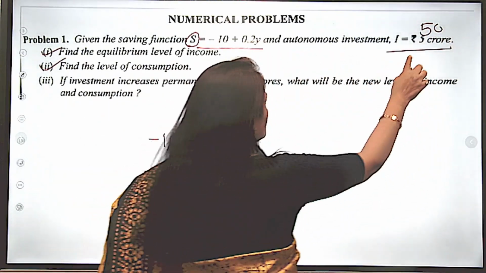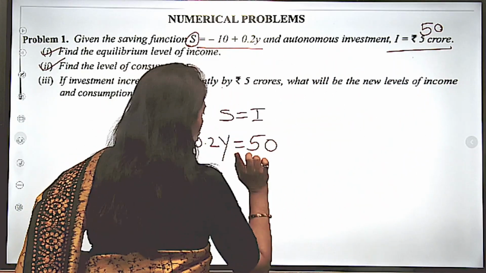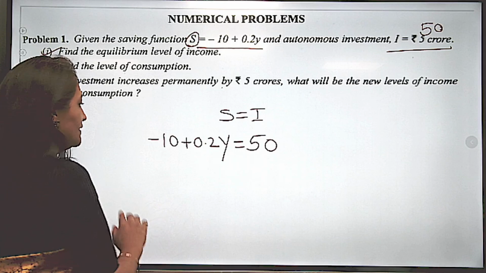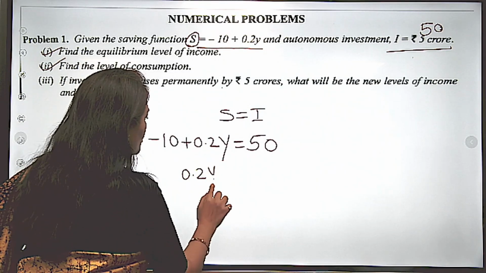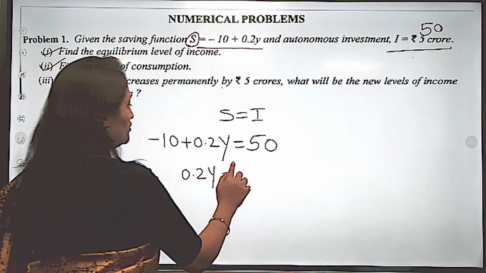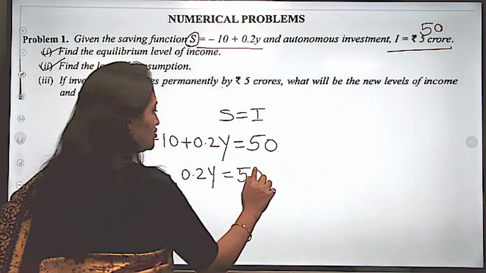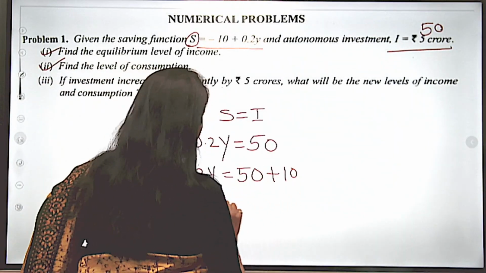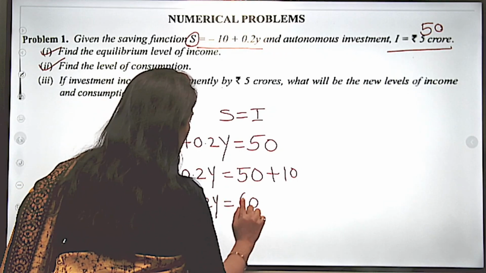So this is investment in the country worth 50 crores. Let's solve it. It's very easy. You have done it at school level also. So 0.2Y remains here. We are just shifting the -10 to the right hand side. So 50 minus -10 will become plus 10, and thus we get 0.2Y = 60.